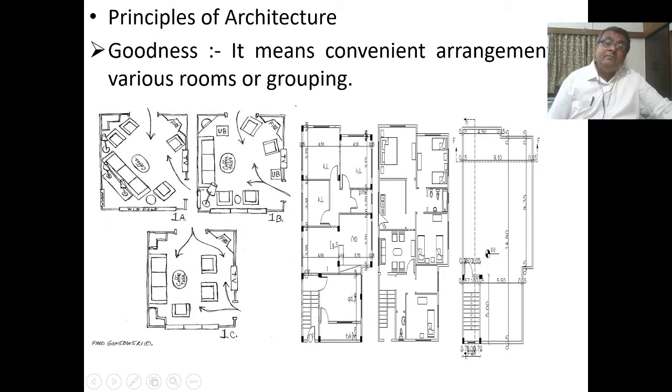This is the kitchen. This is one bedroom. This is again a second bedroom. And this is your toilet block. So this is the typical floor plan of a building. Here goodness is observed. Rooms are arranged in a convenient manner for grouping. It is called grouping.